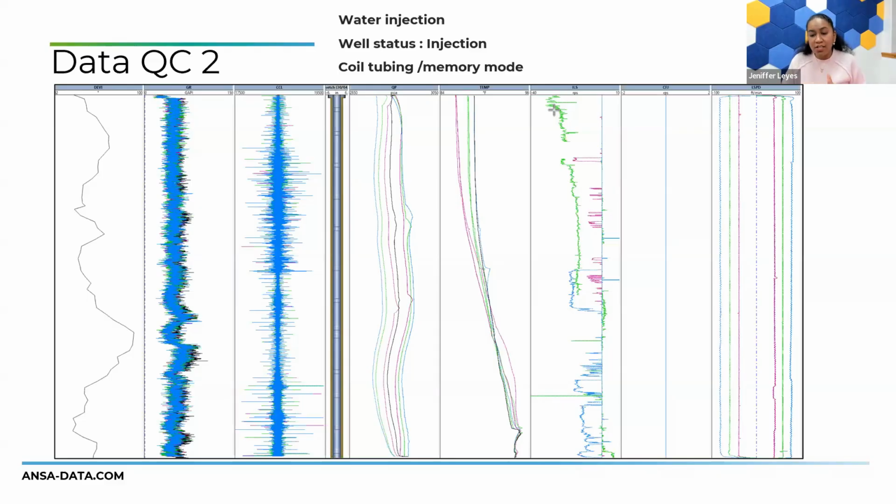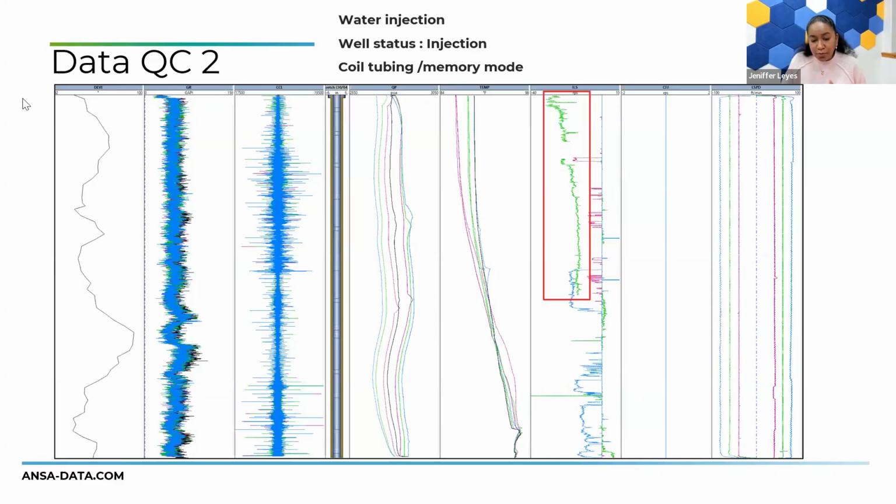Let's say they did a shut-in survey for this campaign, and you can check the data and see if you can get a calibration from that well status survey in shut-in, and maybe you can use that calibration for this survey to calculate the total injection rate. Obviously, there is going to be a lot of uncertainties, and these uncertainties will have to be communicated to your client.